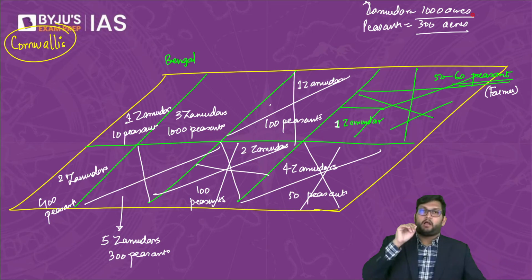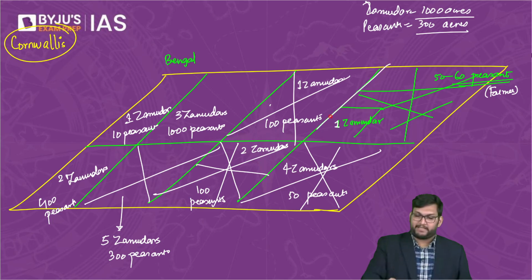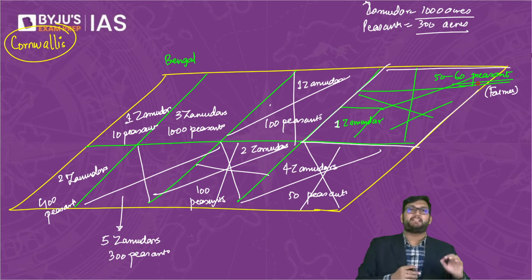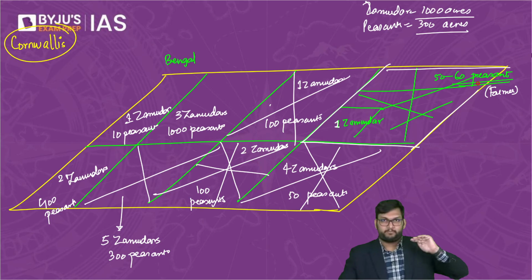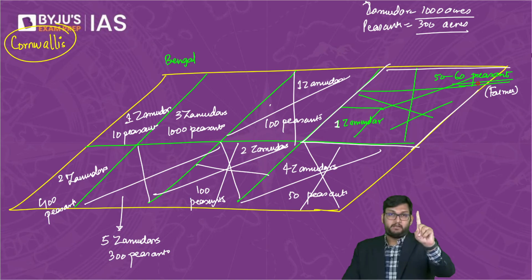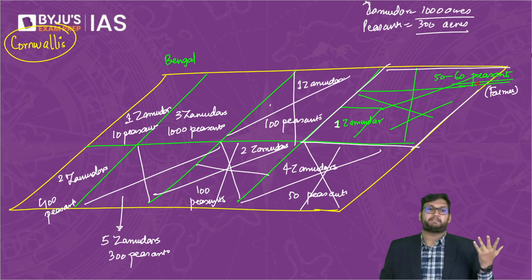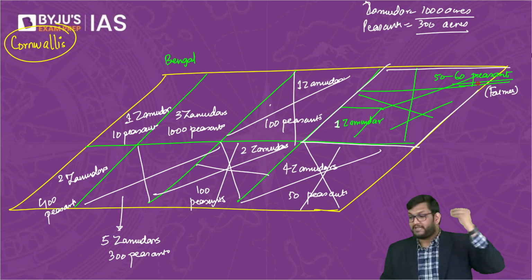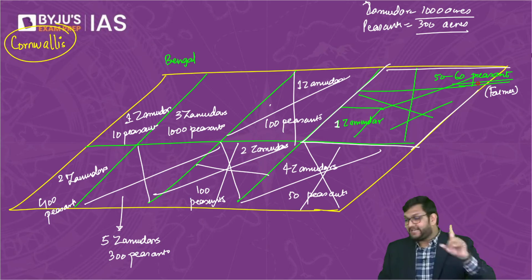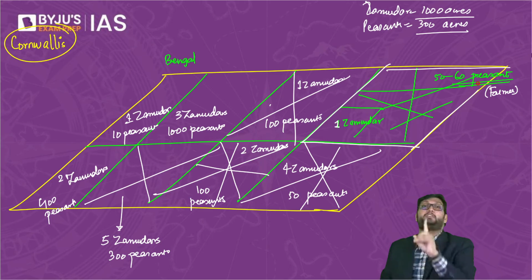Basically, for example, in this pargana, as soon as the Cornwallis system comes through, that one zamindar would technically become the landowner of all of it. So what will happen to the peasant? The peasant loses all his customary rights and all his property rights, and now the zamindar is considered the only landowner there.